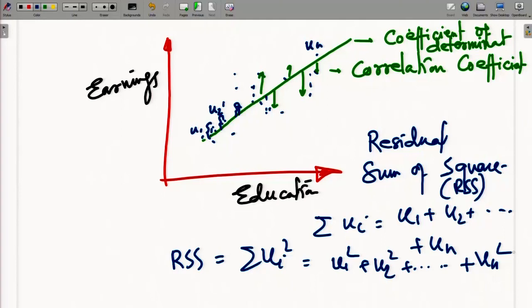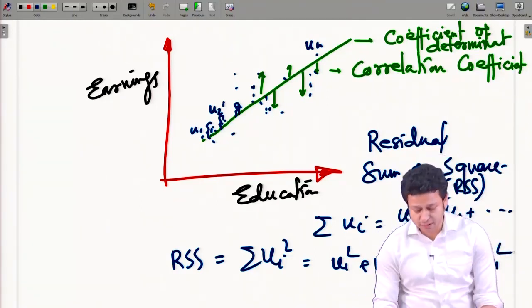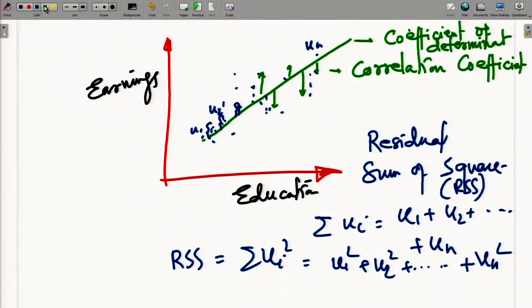Now, how do I minimize the RSS? It is quite simple. If I have this regression line, I will write an equation for this line: y hat, the estimated y, is equal to B1 plus B2 xi.